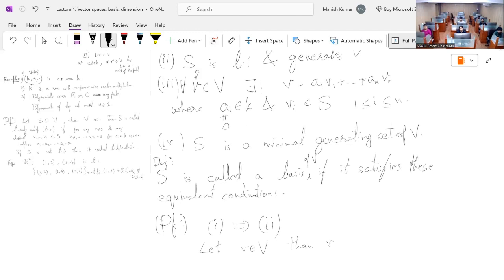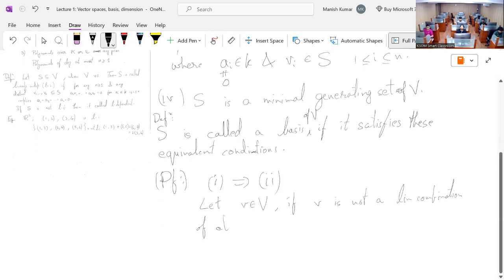Then say if v is not a linear combination of elements of S, then what do we know?